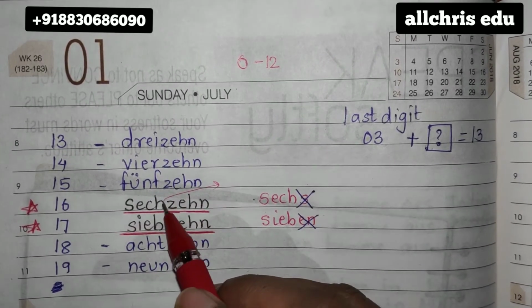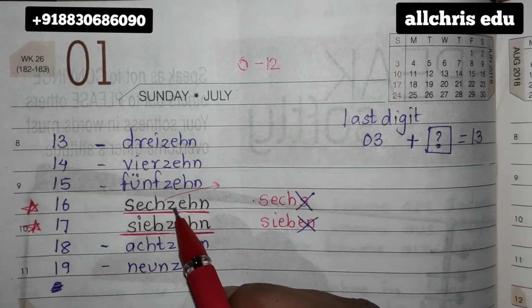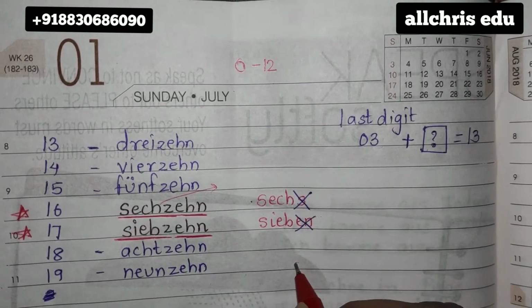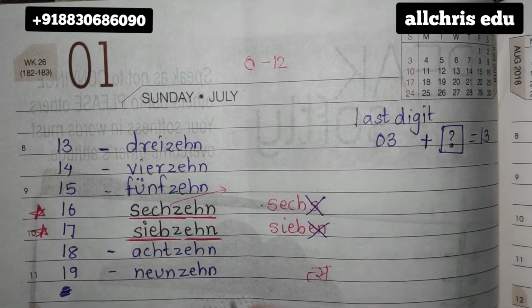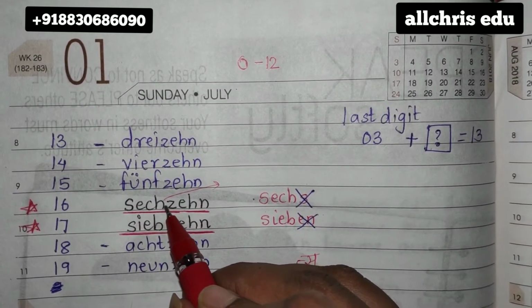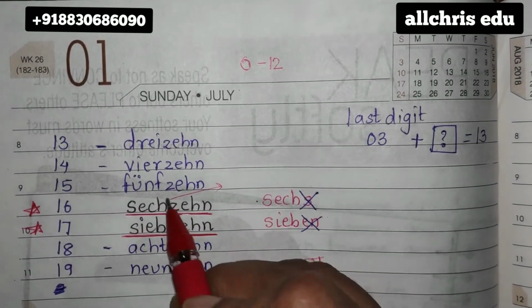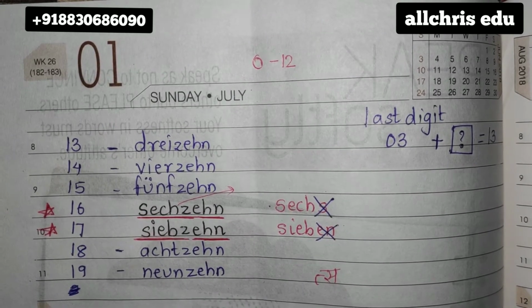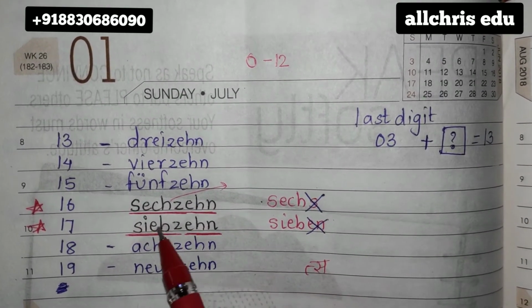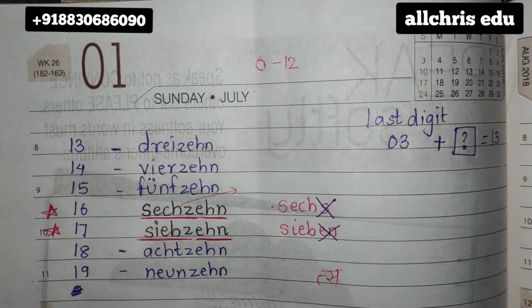One more thing: if I put S and Z together, the sound of Z is similar to T and S, with a little S sound in Z. So it becomes a little difficult to say S and Z together, so maybe they have cut S over here. There is no logic behind it, just a trick to remember. 16, 17. Learn these two things and keep them properly.